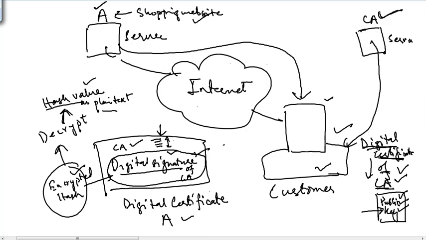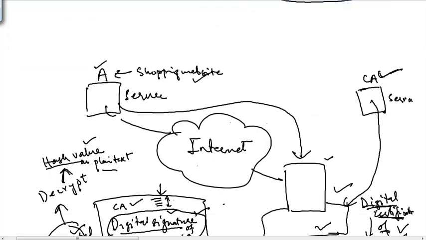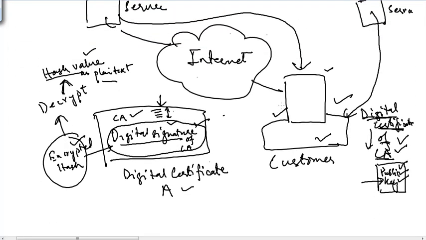And now what we can do is, there are other items inside of this digital certificate of company A, right? We just discussed these items. All of these items are part of the digital certificate. So this customer computer is going to take all of these data items and create its own hash value. It is going to create a hash value of all of these data items, right?